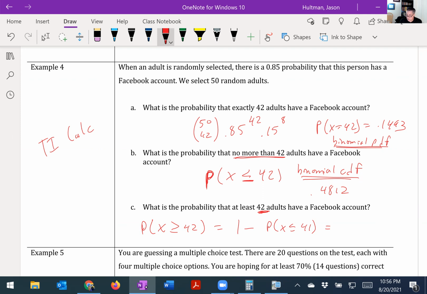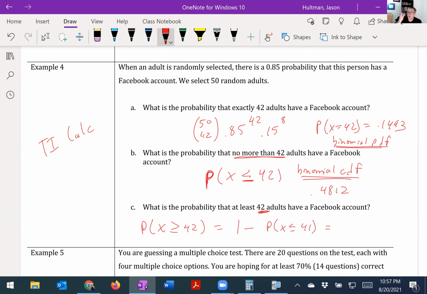Why do I have to do that? Change it to the less than or equal to, because we're on the calculator. Because CDF is only less than or equal to. And why is this 41 and not 42? Why did we not go less than or equal to 42? Because we don't want to include 42. So we go one less, and that's going to be the next discrete value, which is 41.